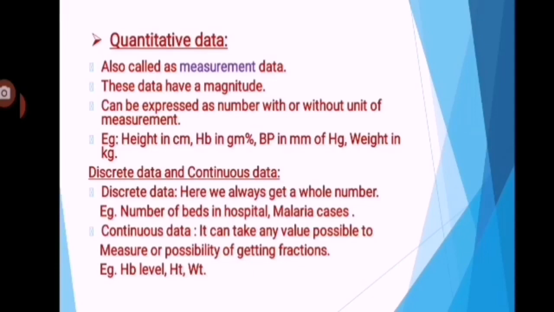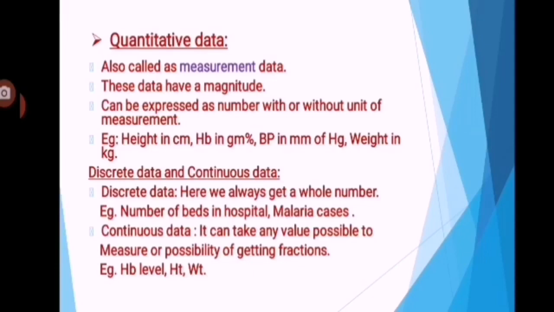Next we shall see about quantitative data. When we come to quantitative data, it tells about how much quantity is present. So it is also called measurement data. This data has a magnitude, and can be expressed as a number with or without unit of measurement. For example, the height can be measured in centimeter.